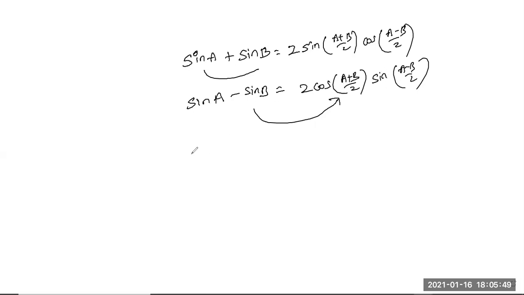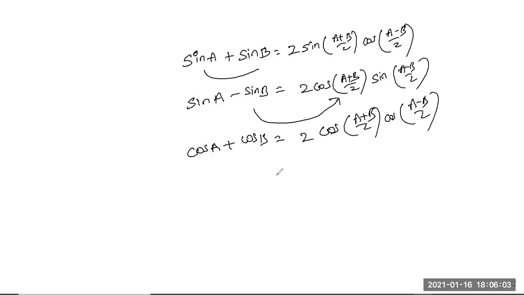Similarly, cos A plus cos B is 2 cos (A plus B)/2 cos (A minus B)/2. What about cos A minus cos B?